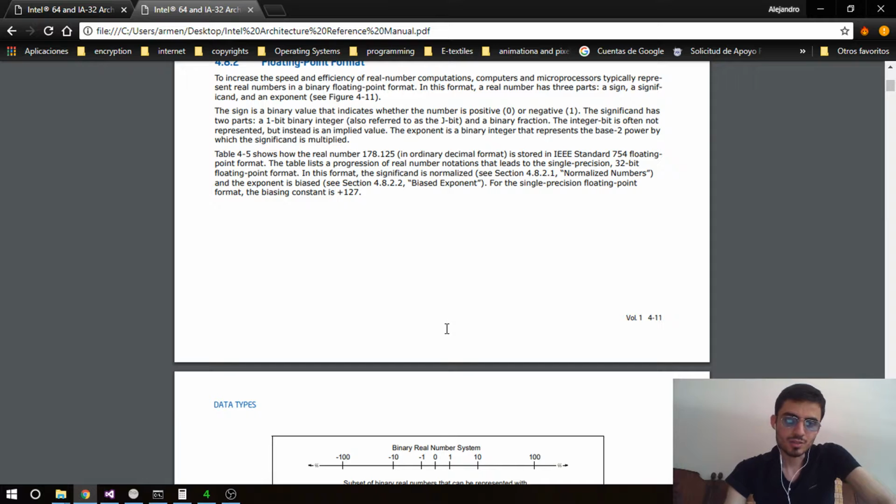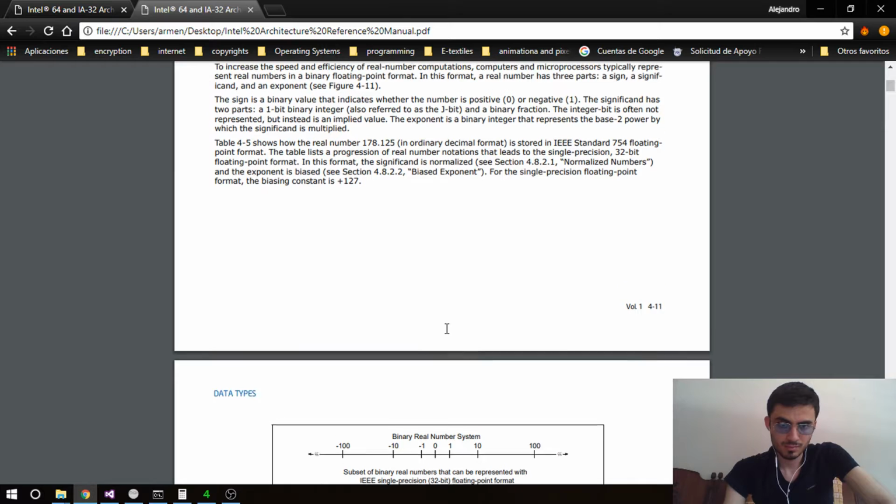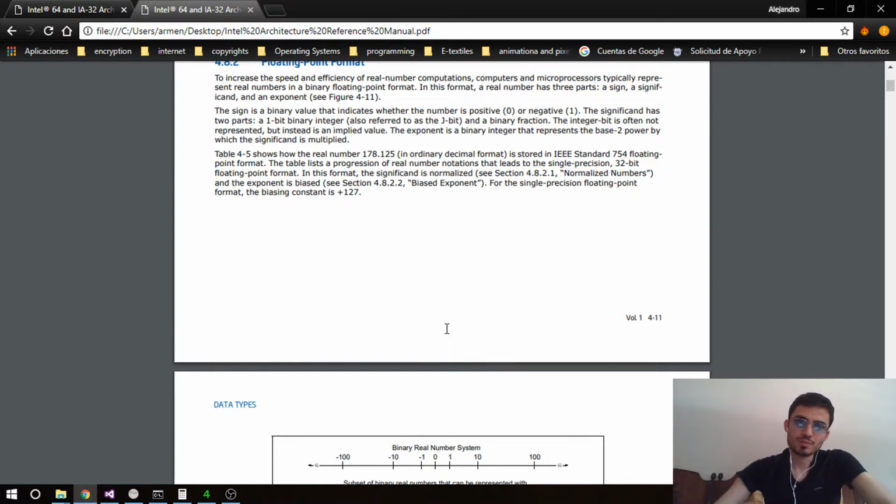The significand is normalized and the exponent is biased. For the single precision floating point format, the biasing constant is 127.